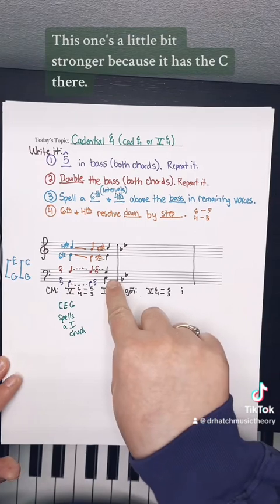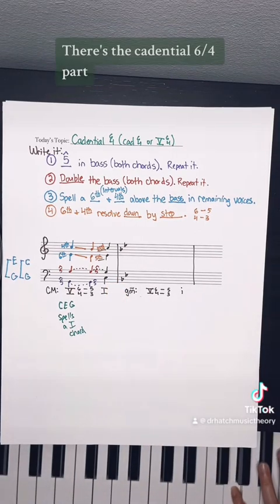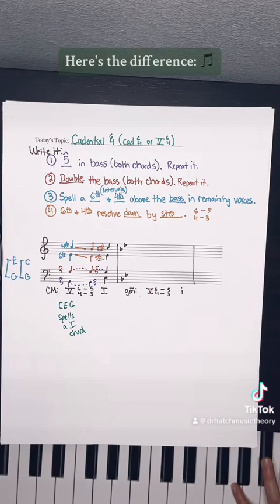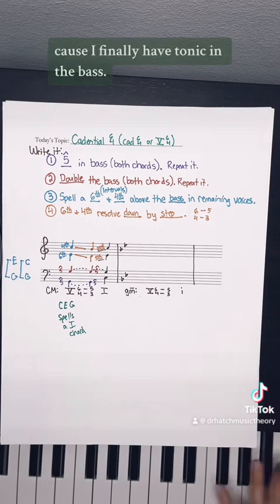This one's a little bit stronger because it has the C there. So let's listen to the difference. There's the cadential 6/4 part, and here is that one chord. Here's the difference. Cadential 6/4, not as strong, and then the one chord, stronger, because I finally have tonic in the bass.